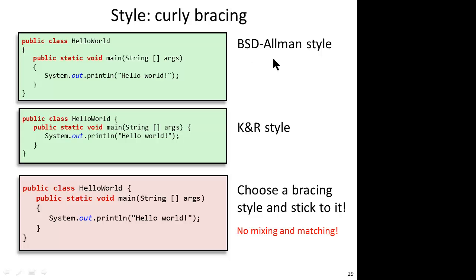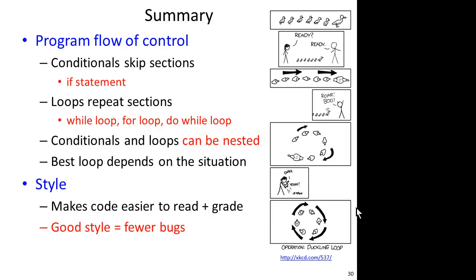All right, just to summarize, we talked about some of the major constructs that we use in Java and in fact in most programming languages. You can create really interesting programs that do very complicated things using just the if statement, just basic loops like the while loop or the for loop, and the idea that you can nest these loops.